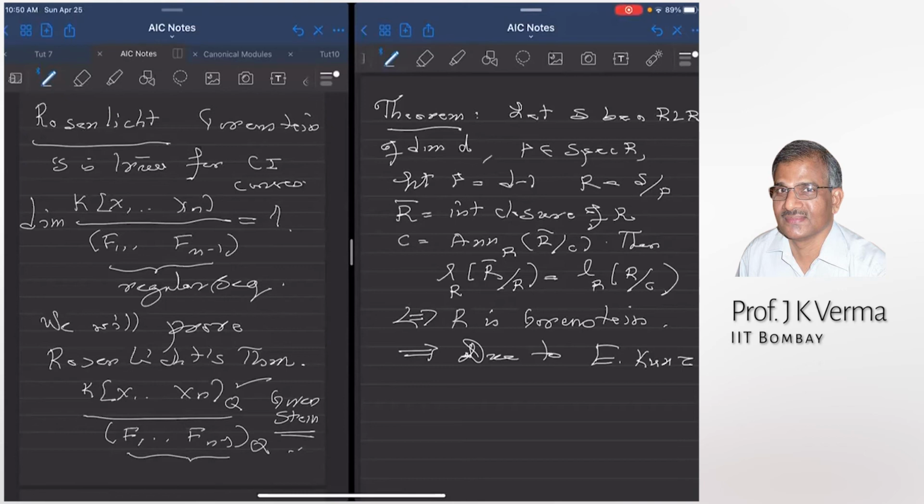I suggest that you read that. This is published in 1969. It's called the value semigroup of a one-dimensional Gorenstein ring.